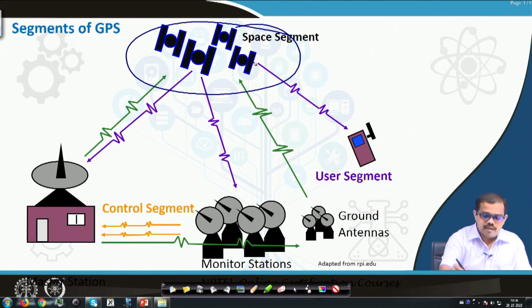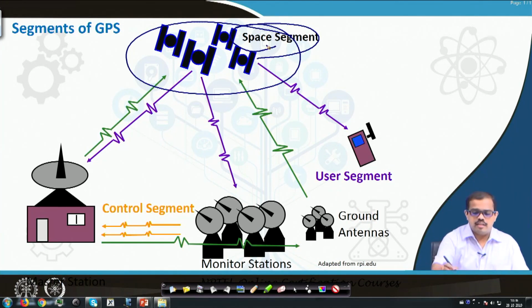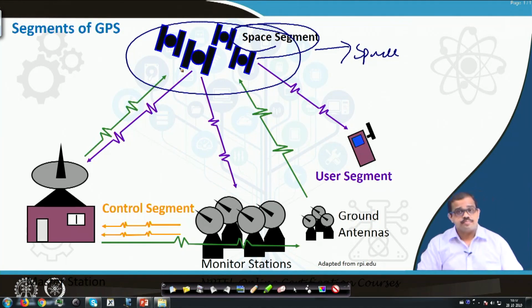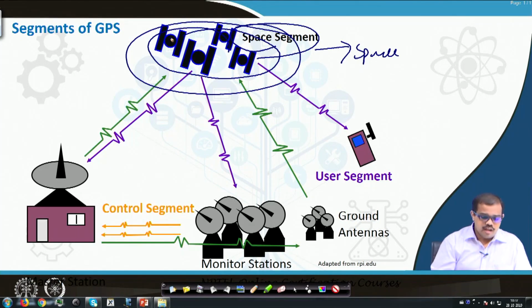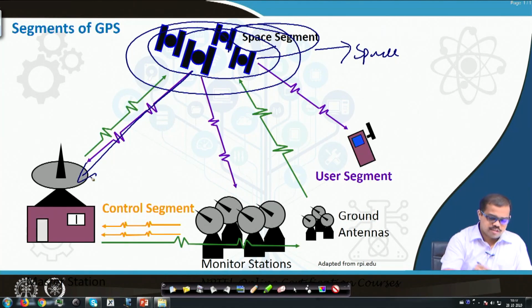The segment where these satellites are revolving is called the space segment. These satellites capture the signals across the Earth's surface, and then communicate with the control segment.